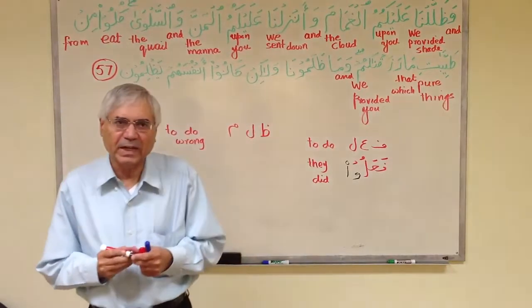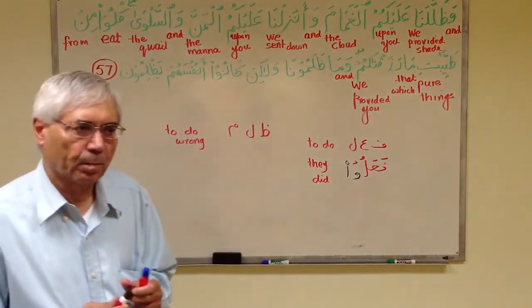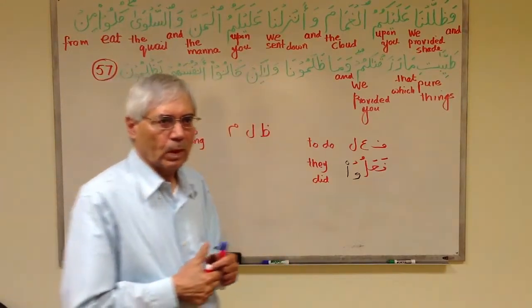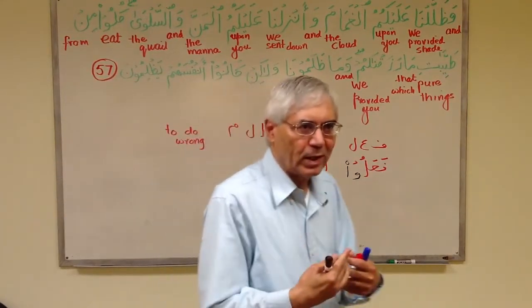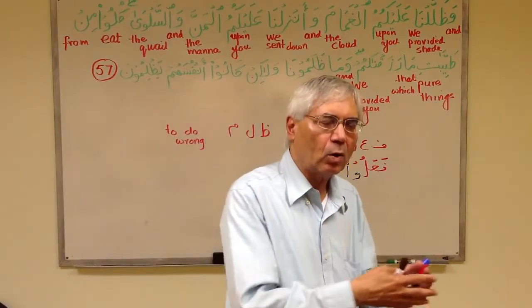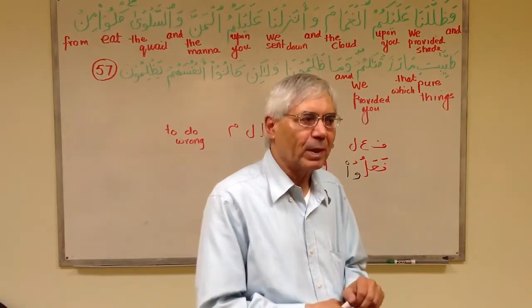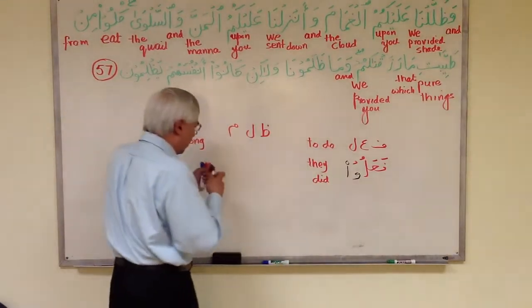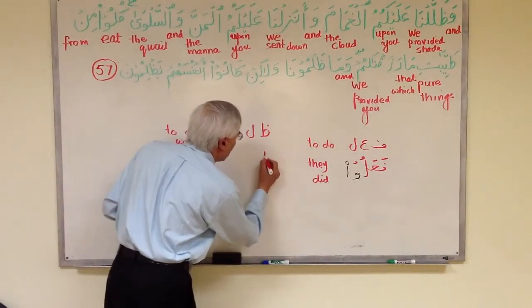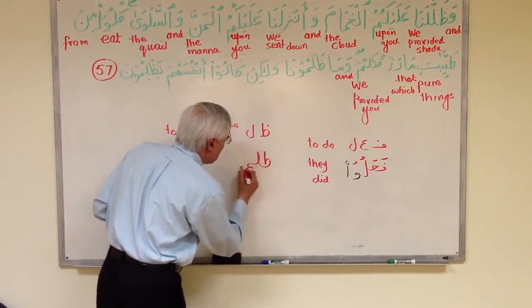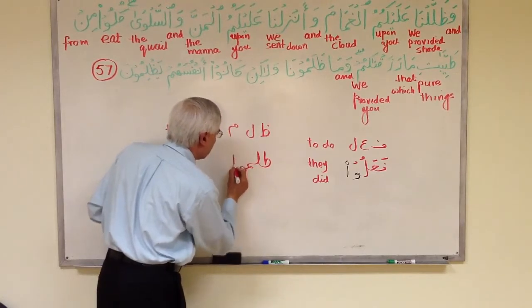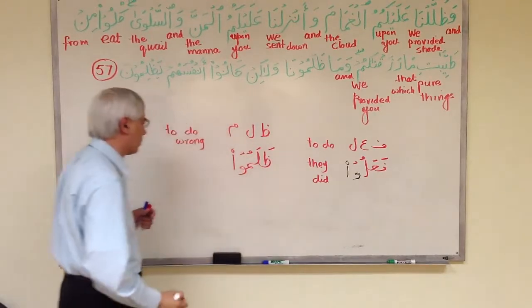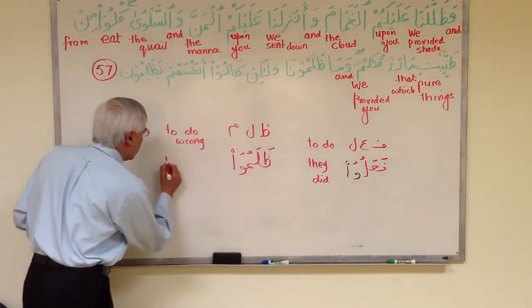Fa'alu, they did. When we put na, it becomes we did. When we put waw with an alif, it becomes they did. So if we apply the rule here, it becomes zalamu, which means they did wrong.